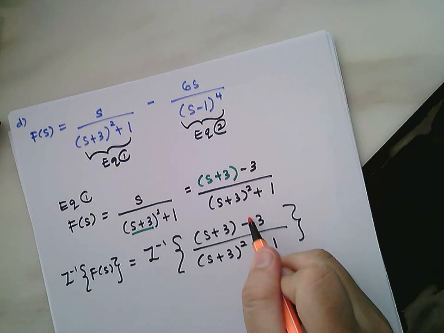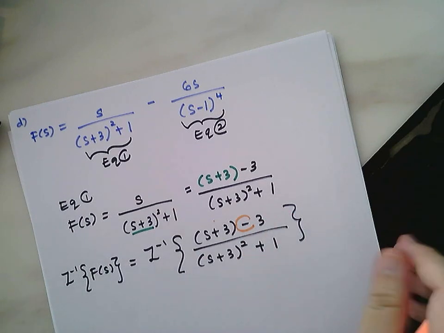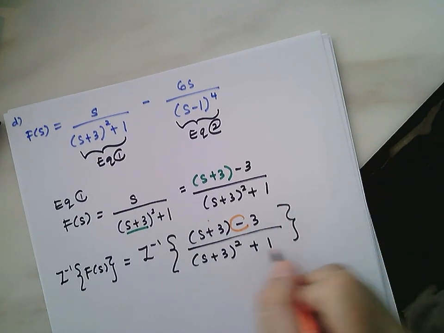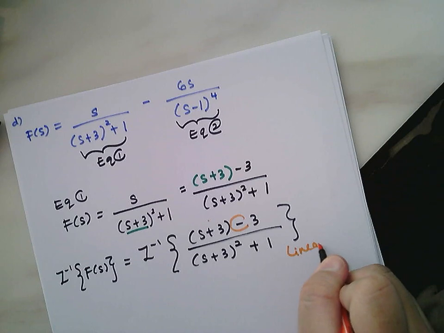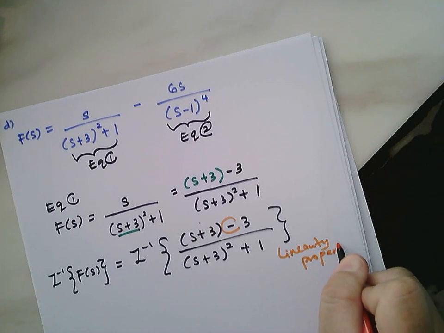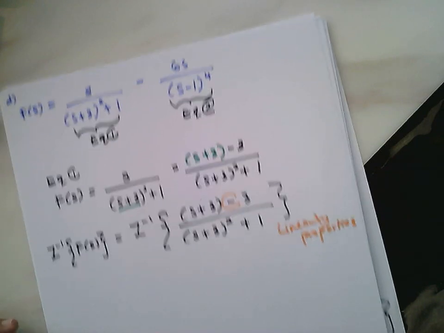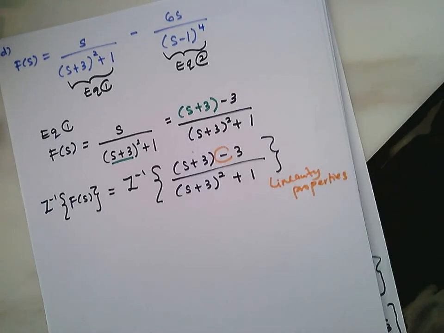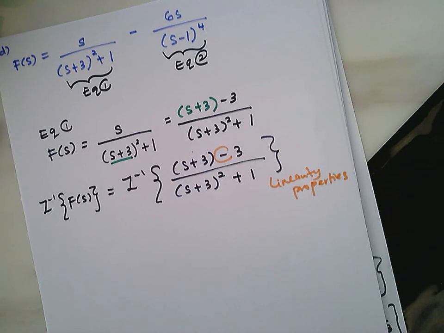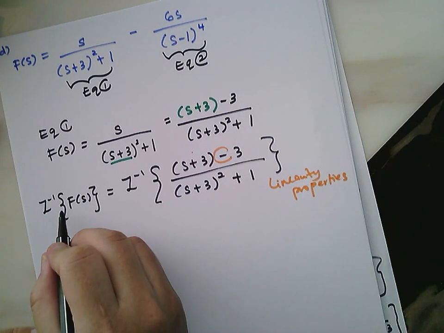Because you have a minus sign here and you have two functions. So split it into two functions. You need to know step by step what you should do, so that you don't get lost.